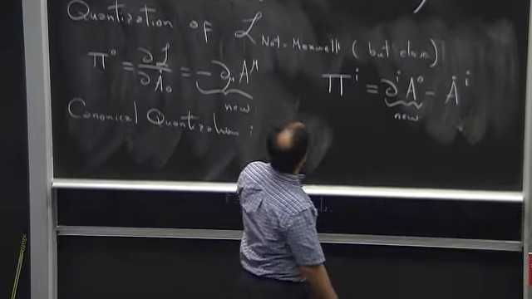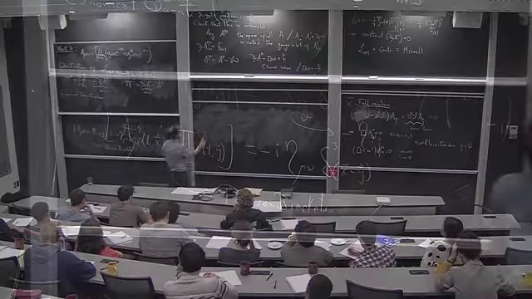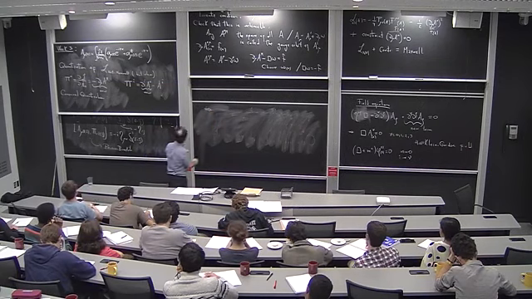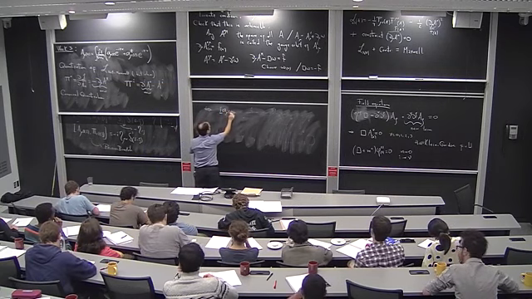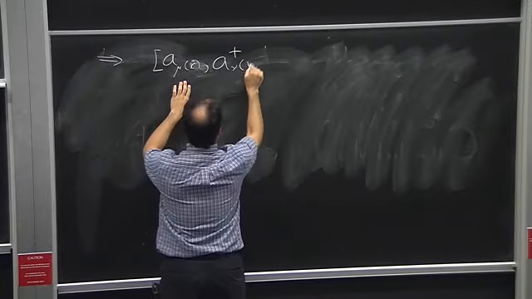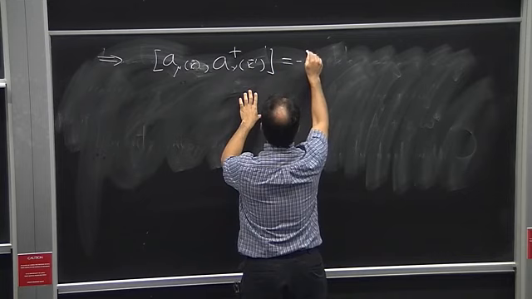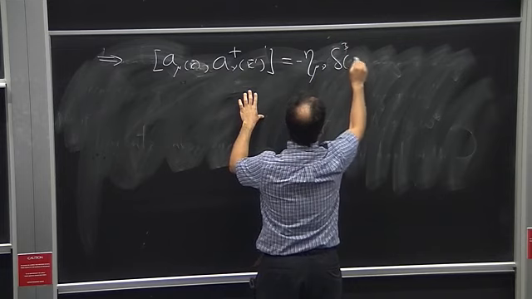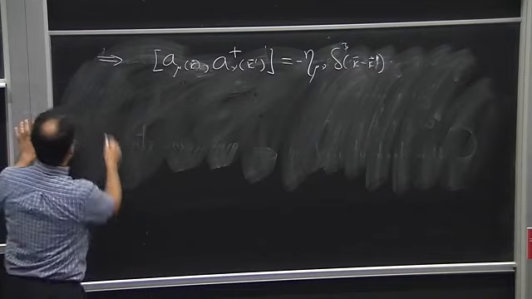Now, as you did for the Klein-Gordon field, if we use this, the equal time commutation relations would imply commutation relations for our creation and annihilation operators. And they will be of the form minus eta mu nu delta 3 of k minus k prime. Okay? Once again, we define a vacuum.